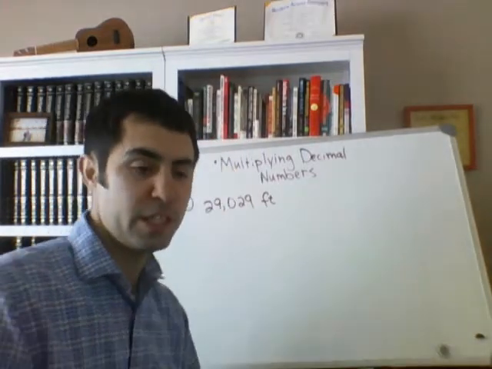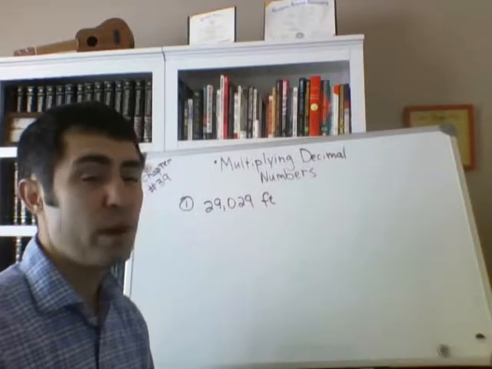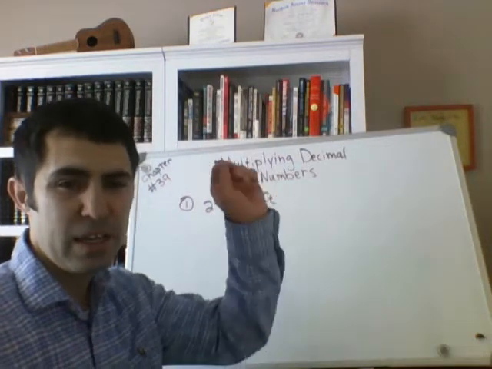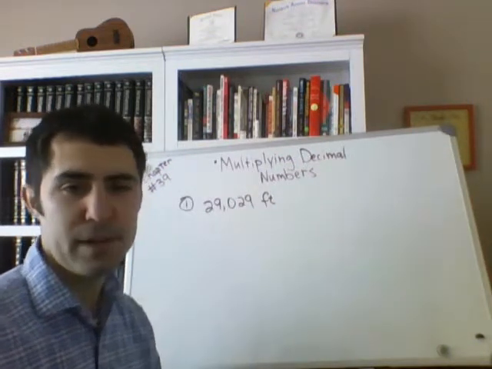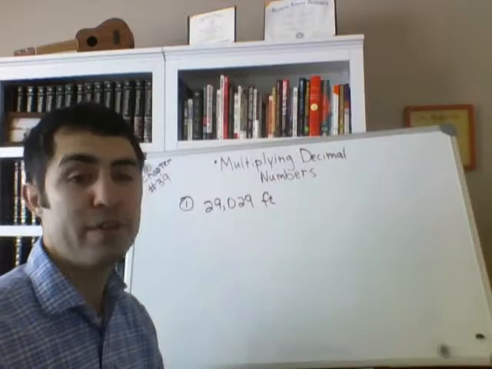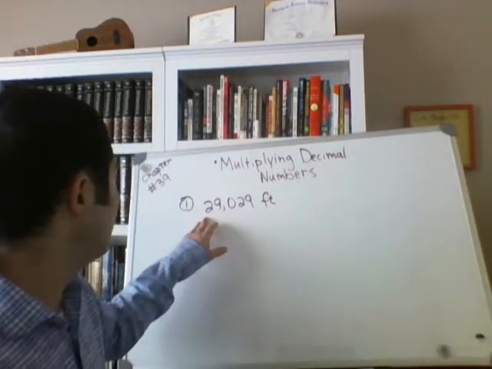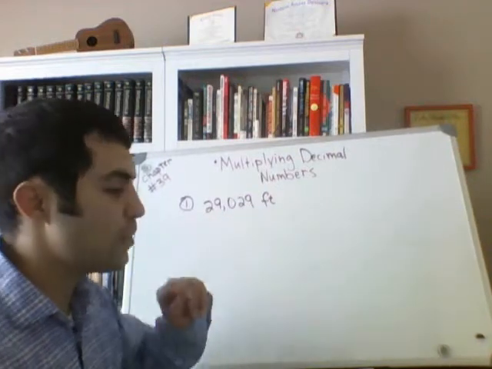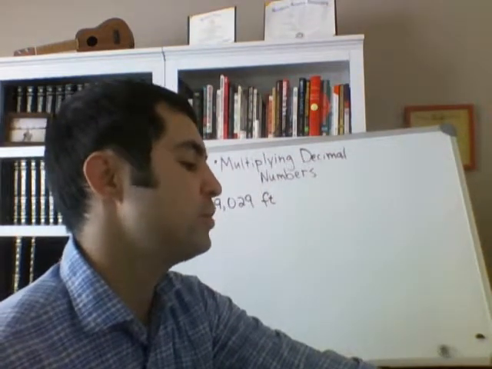And my parents were missionaries in Nepal. Nepal is a country that's right below China and above India. It's in that region, and that's where Mount Everest is. So if you wanted to climb Mount Everest, you would have to travel to Nepal. So that's the answer to number 1. They just want you to write out the number. They give it to you in words, and they want you to write it out.